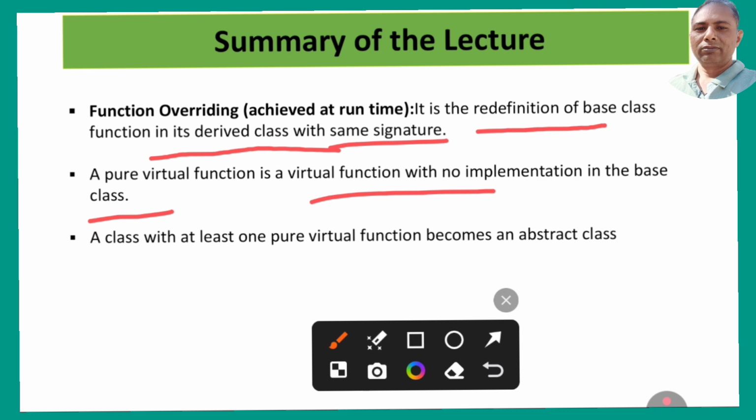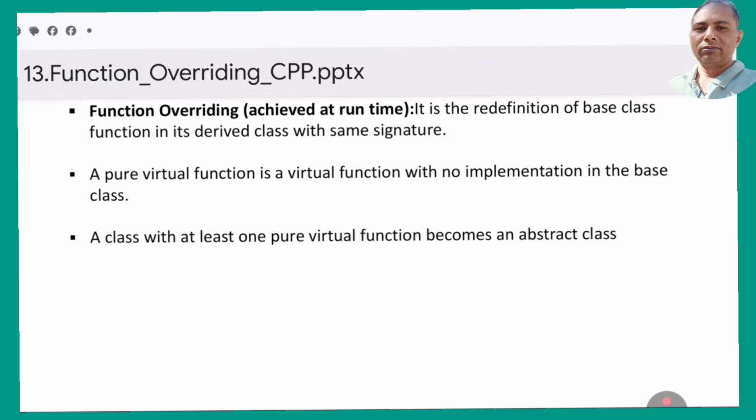Then we have learned that a class with at least one pure virtual function is known as an abstract class. So we have learned about the pure virtual function, the abstract class, and function overriding. So this is all about this lecture.